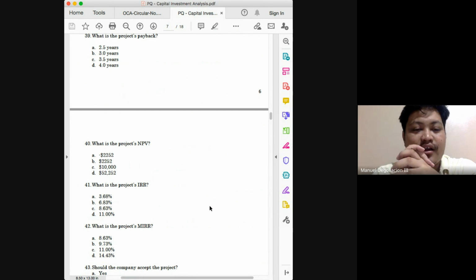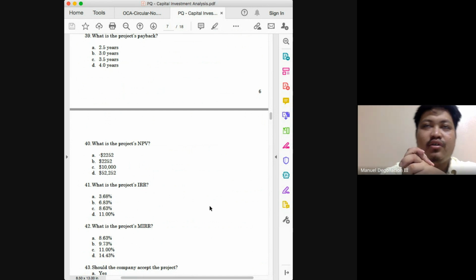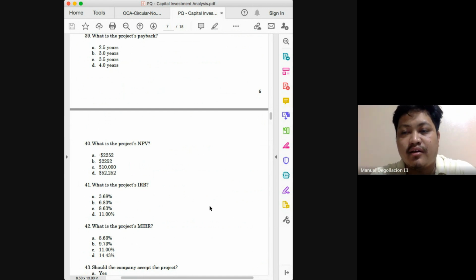Just for your information, under the MIRR, it is basically the same concept. You look for the interest rate that would make the present value of the inflow equal to the present value of the outflow. But in this case, since you will have multiple cash outflows, what you will do is get the present value of your outflows.